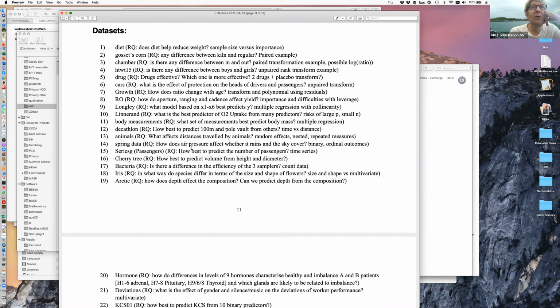Iris is a multivariate data set, but where we're going to think about the concepts of size and shape for multivariate measurements of data. And then the Arctic one is an example of a compositional data set, meaning where our different components add up either to 1 or to 100%.